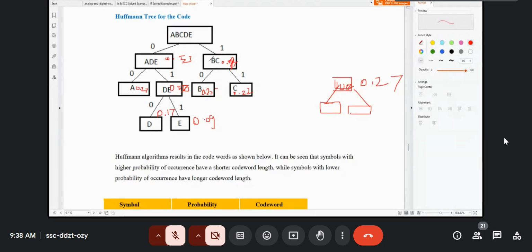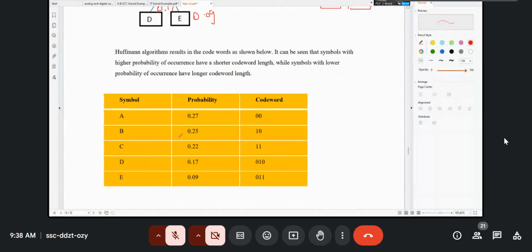This is the Huffman tree, and what you do eventually is you will be asked to create the code, or you may be asked to create the Huffman tree. Of course, if you do this, you already have the Huffman tree. But if you are asked to give the code, then it's good that you enumerate it like this.